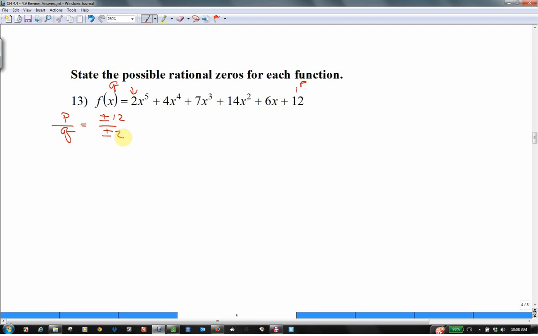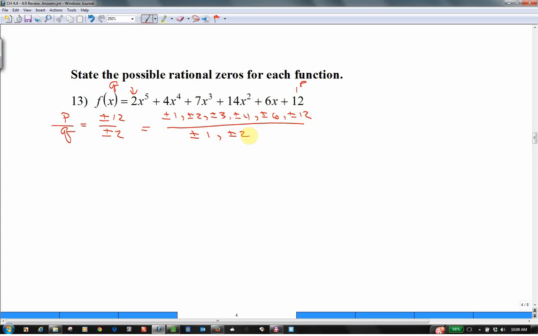So let's list all the factors of 12. That would be plus or minus 1, plus or minus 2, plus or minus 3, plus or minus 4, plus or minus 6, plus or minus 12. All the factors of 2 are plus or minus 1 and a plus or minus 2.